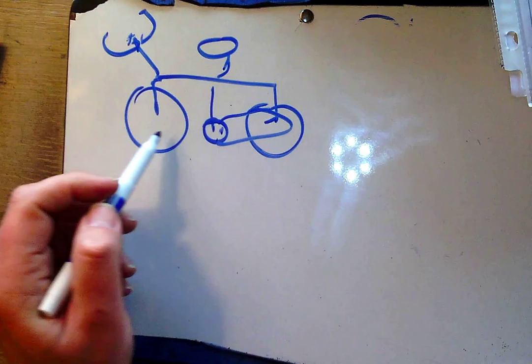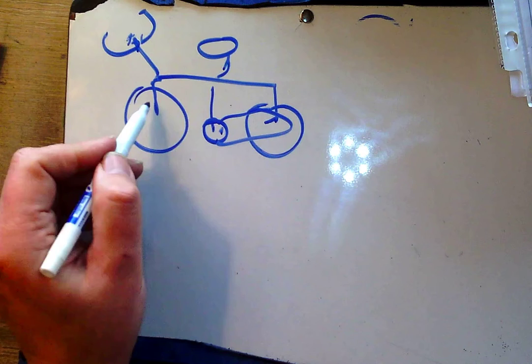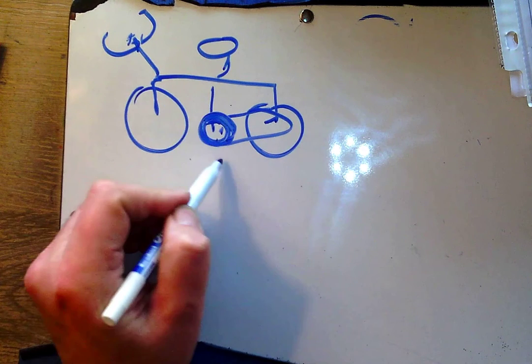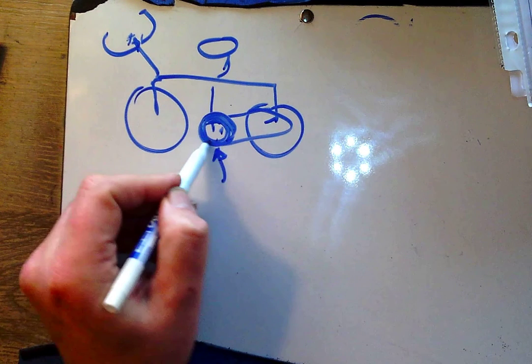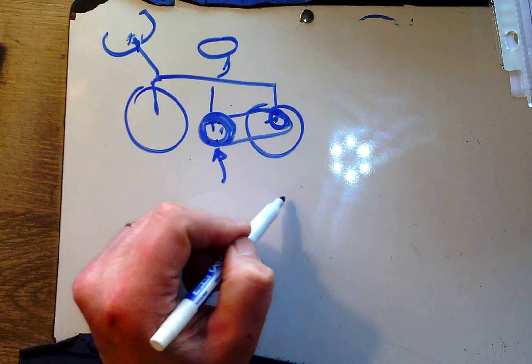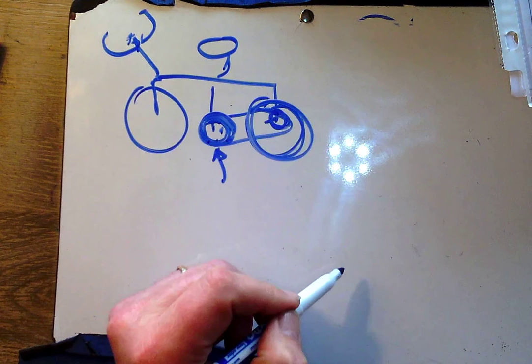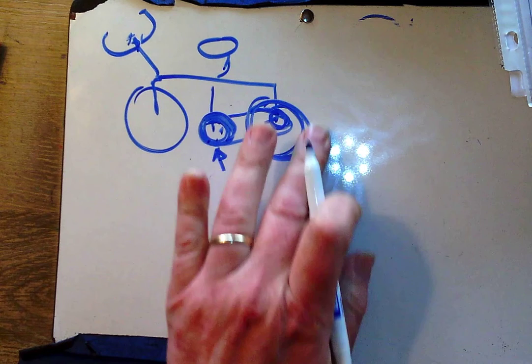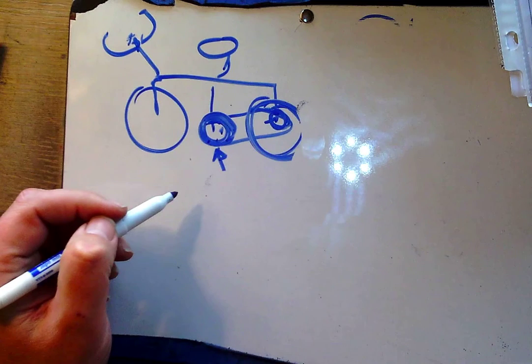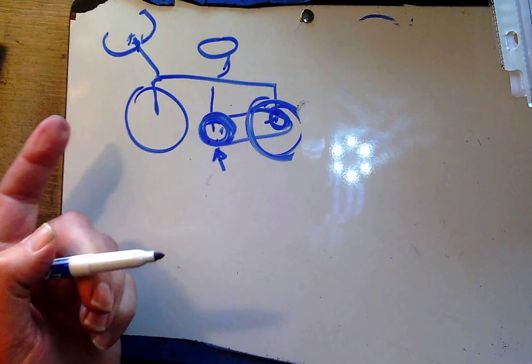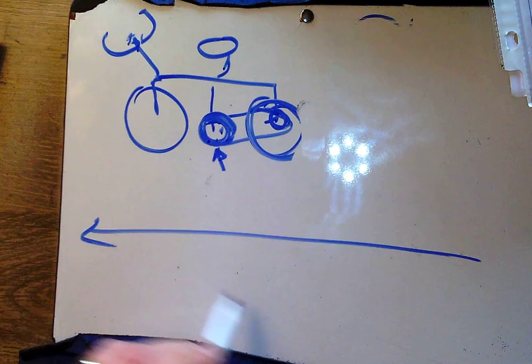So I've got this bike, and this bike is all about me turning that. Me turning that turns the little one here, which turns this one here. That is all about angular velocity. But when I go on my bike, I go down the road.